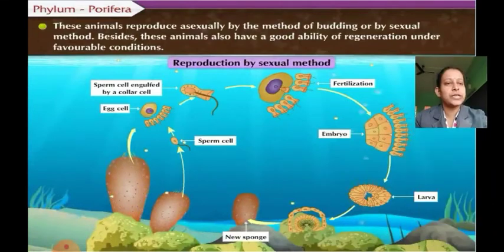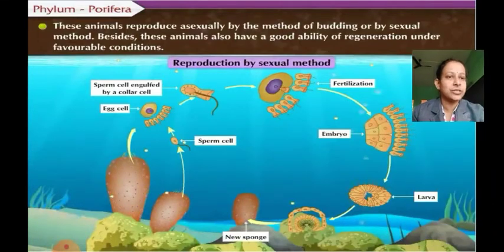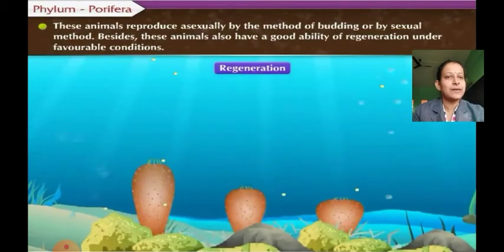I am not going into detail because it is larger and we would have to talk a lot about it. Then we have regeneration, which you also learned in the second lesson. If any part gets cut, it will develop into a new organism. So that is regeneration.